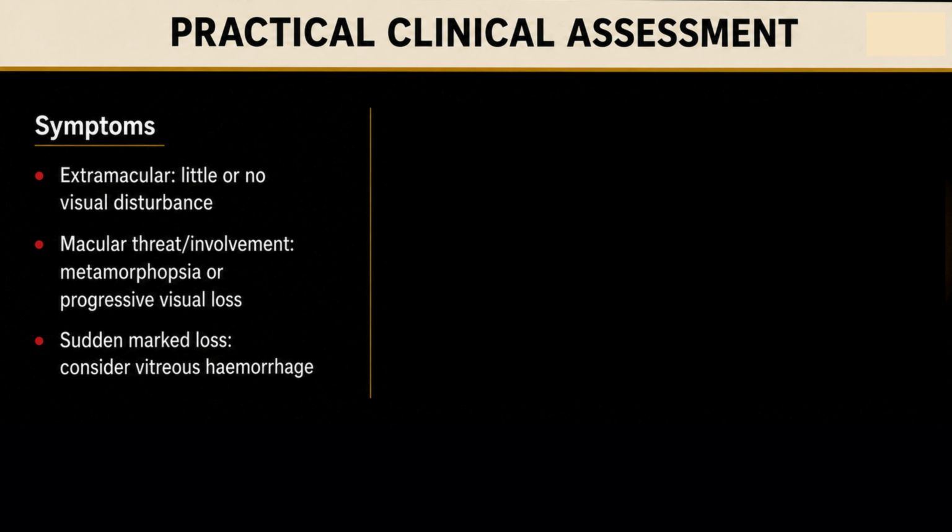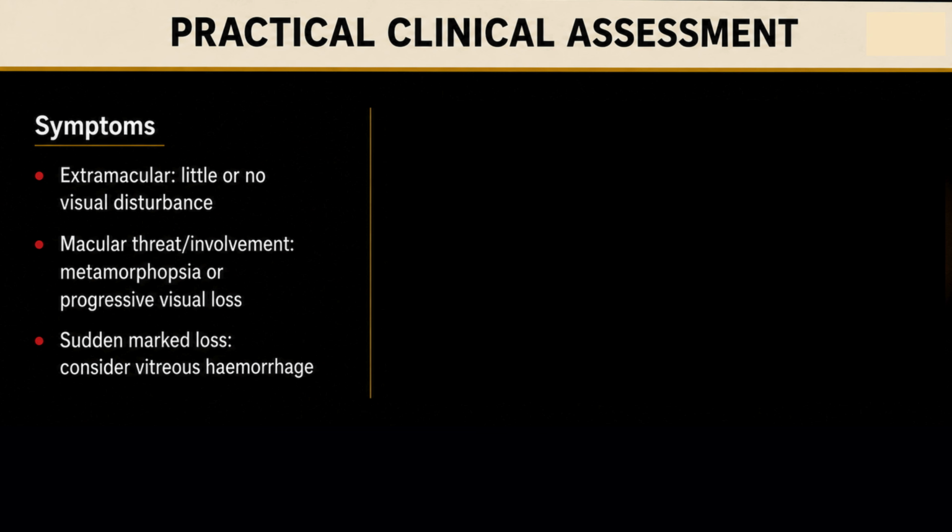Now let us focus on the practical clinical assessment of a TRD. First, we'll discuss the symptoms. An extramacular TRD may cause little or no visual disturbance. As traction approaches or involves the macula, the patient develops metamorphopsia, reduced central vision, or progressive visual loss.